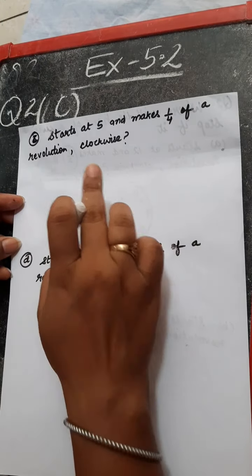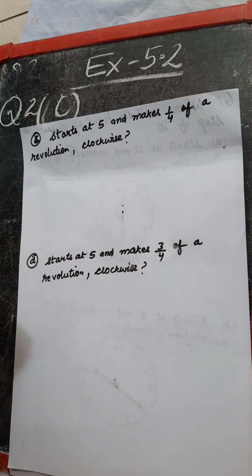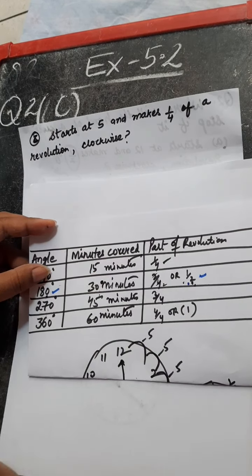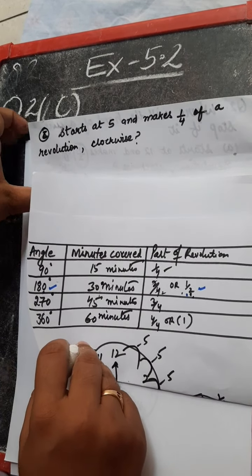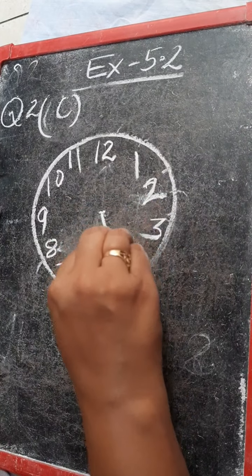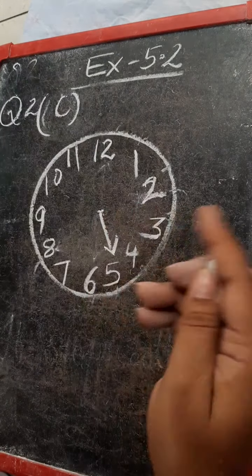Next we have C part. It starts at 5 and makes 1/4 of a revolution, and we know that 1/4 of a revolution means how many minutes covered? 15 minutes covered. So I will start from 5 and it covers 1/4 of a revolution, which means 15 minutes.